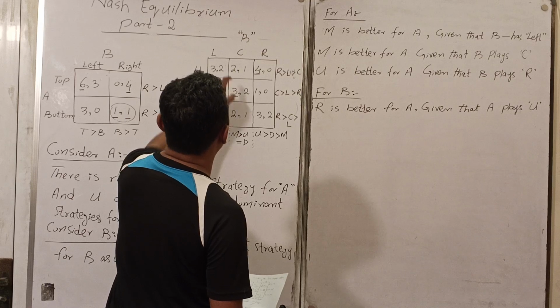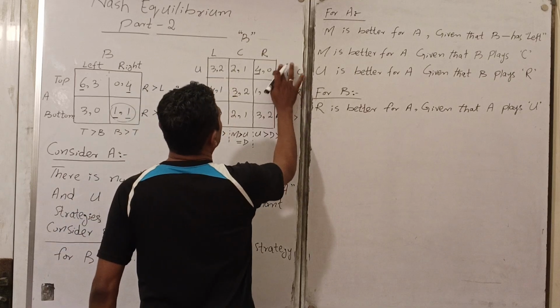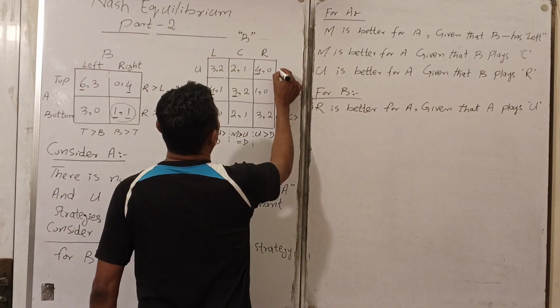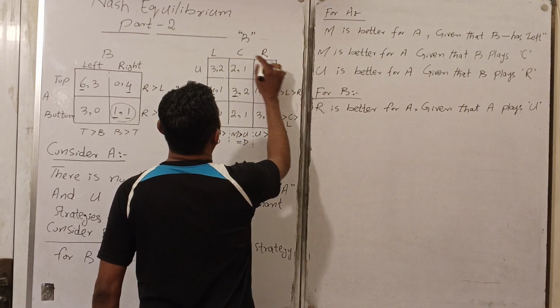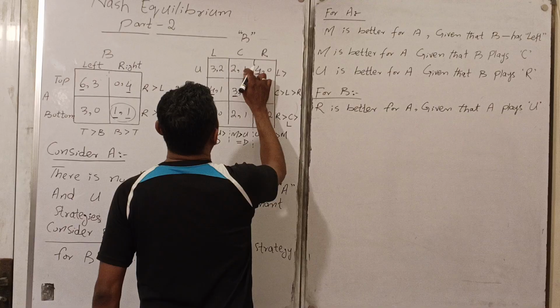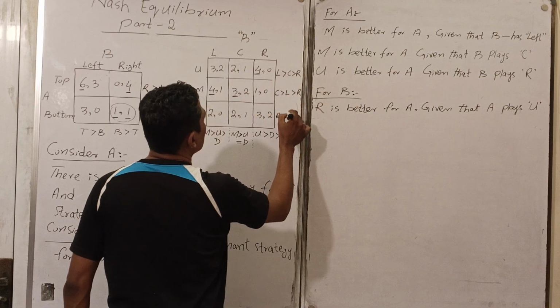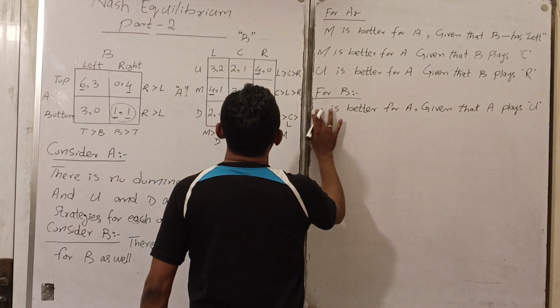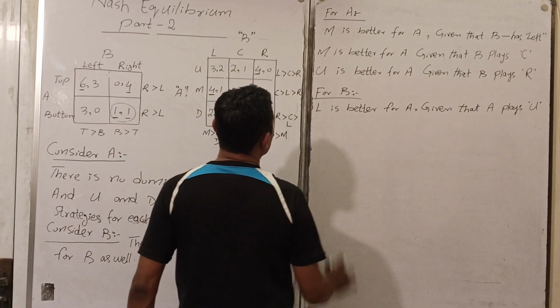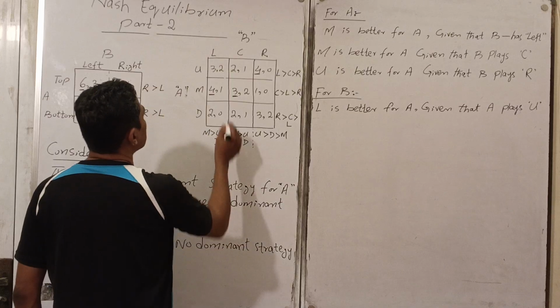Left is better than C and greater than R. So the left is better for A.